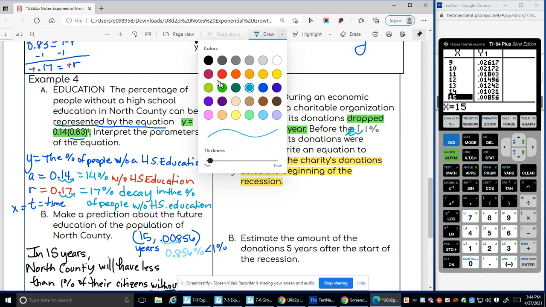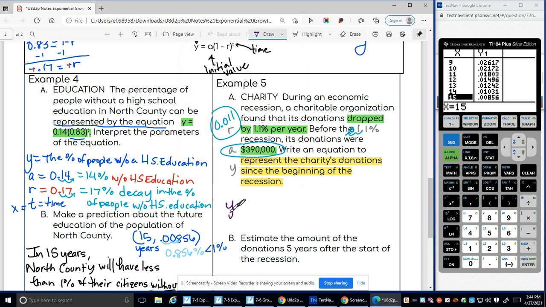So let's write our equation. y is equal to A in the front, times 1 minus that small number, to the power of t.